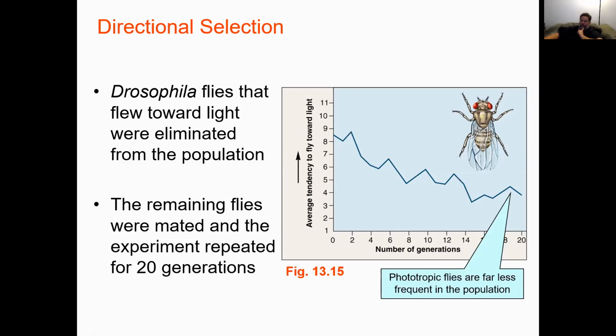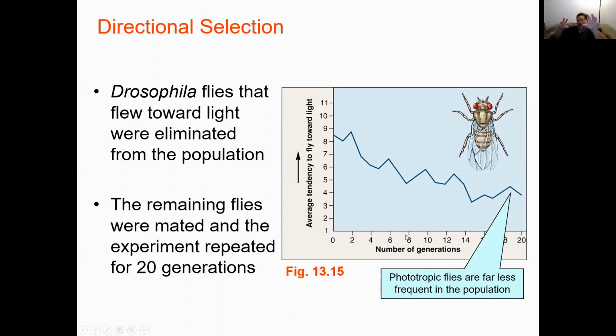Those that didn't really fly to the light very much were allowed to reproduce. And what they found after several generations, up to 18, was that the tendency to go towards light had disappeared from the population dramatically, dropping 70% or so from this picture here. And that was after 20 short generations.